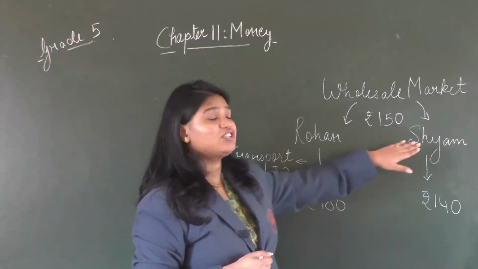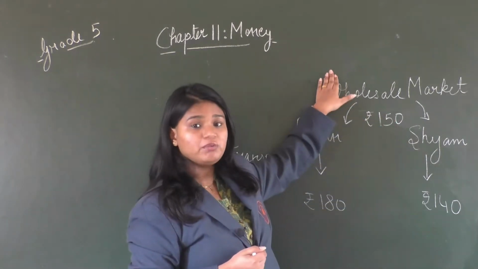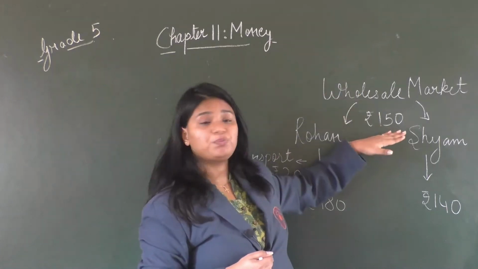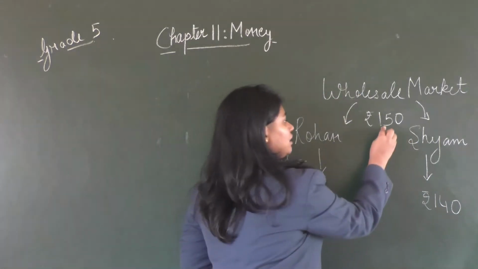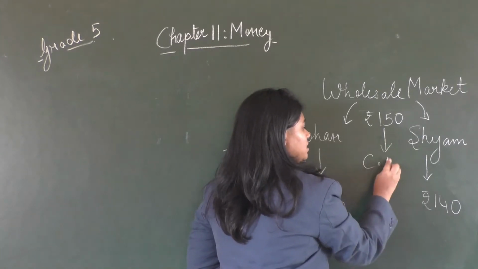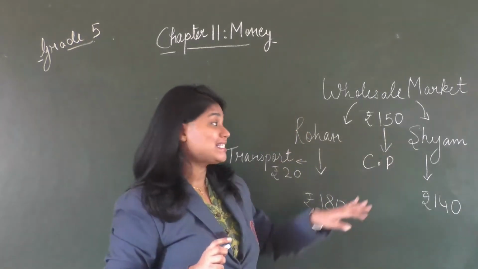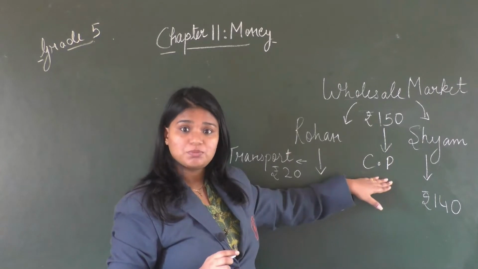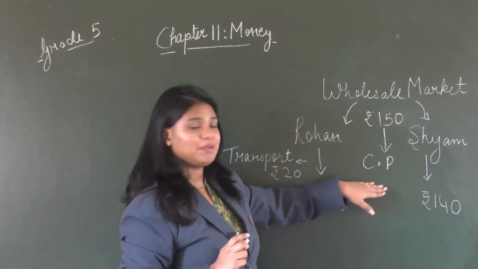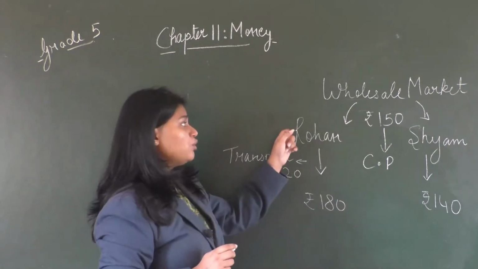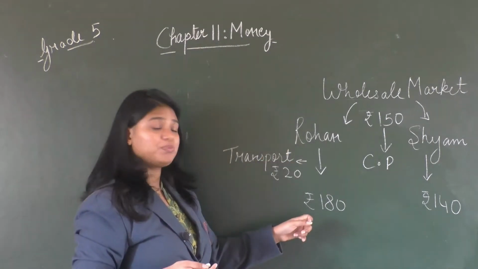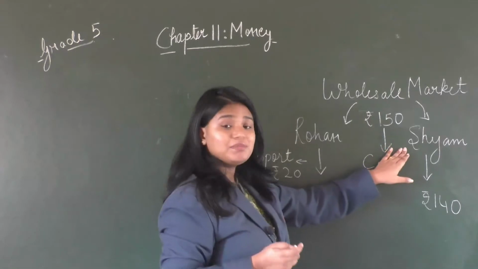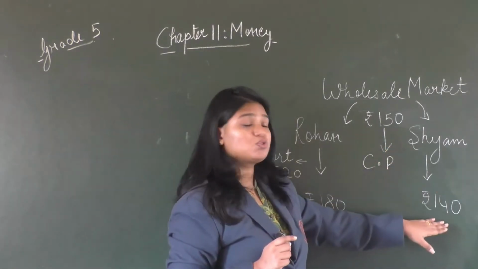Now when Rohan and Shyam are buying from the wholesale market, they are paying rupees 150. Now this 150 is known as the cost price, which is written as CP, right? Now Rohan is selling the vegetables to his customers at rupees 180 and Shyam is selling the vegetables at rupees 140.